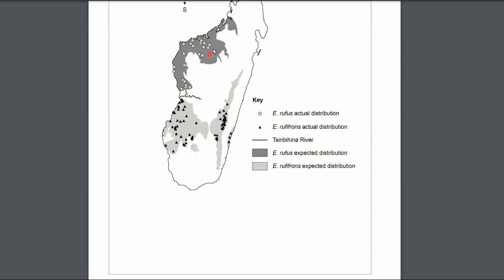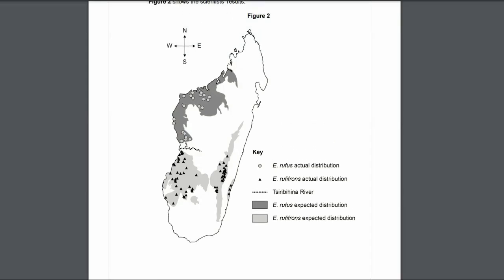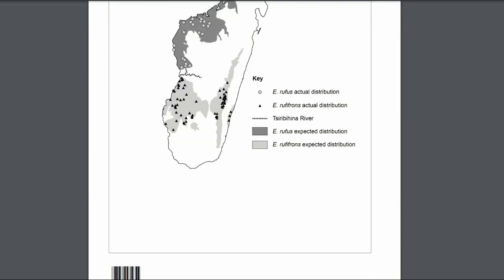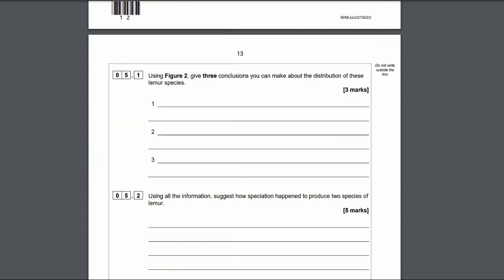Well, I can say that the actual distribution falls within the expected distribution in all points for both species. I can also say that the expected distribution is larger than the actual distribution for both species. These are 200% facts that we can say.